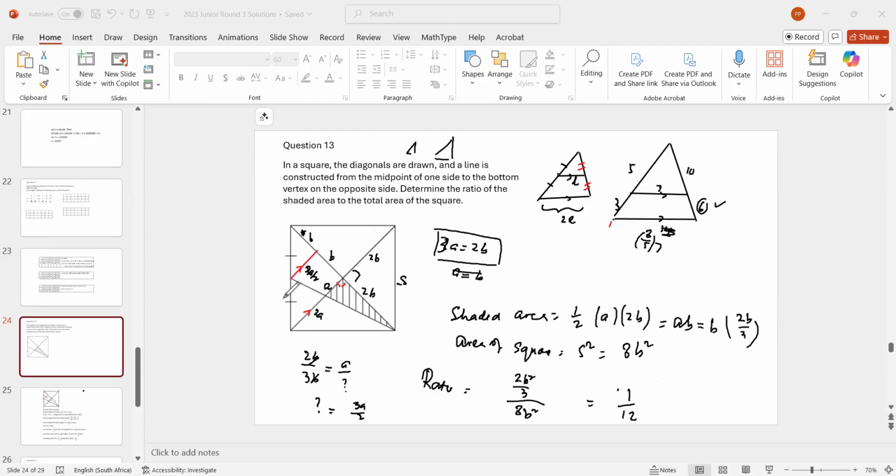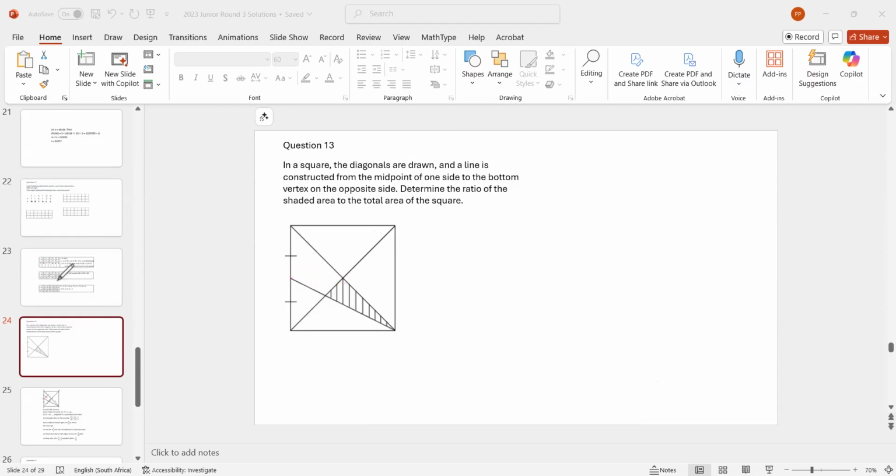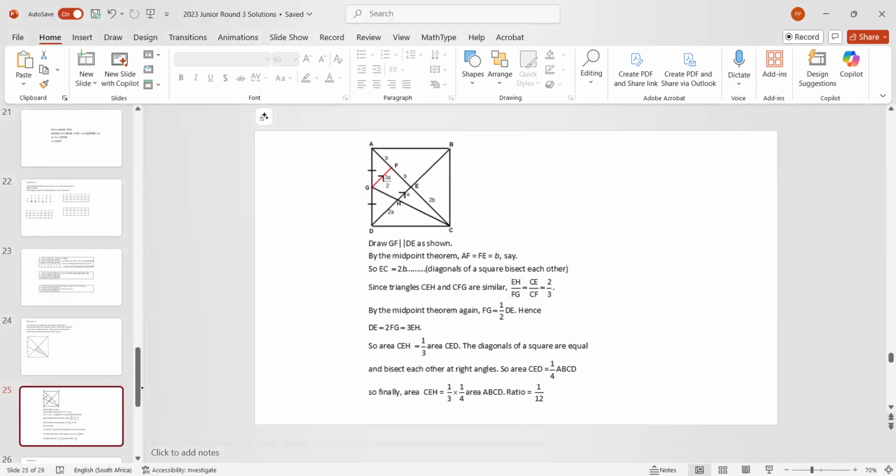So that takes care of that problem. The answer is 1/12. And you can see here at the end, I've got 1/12, and it's exactly the same diagram of construction that I used, which took me a long time to come to.